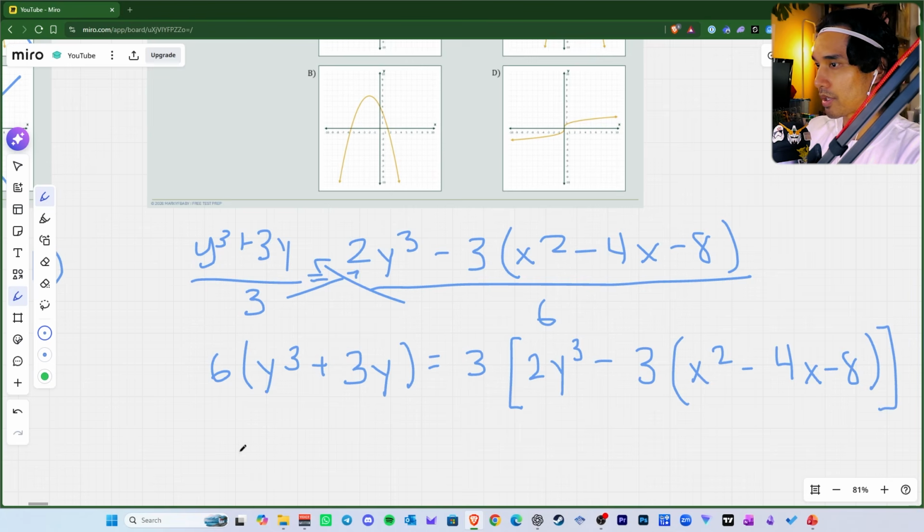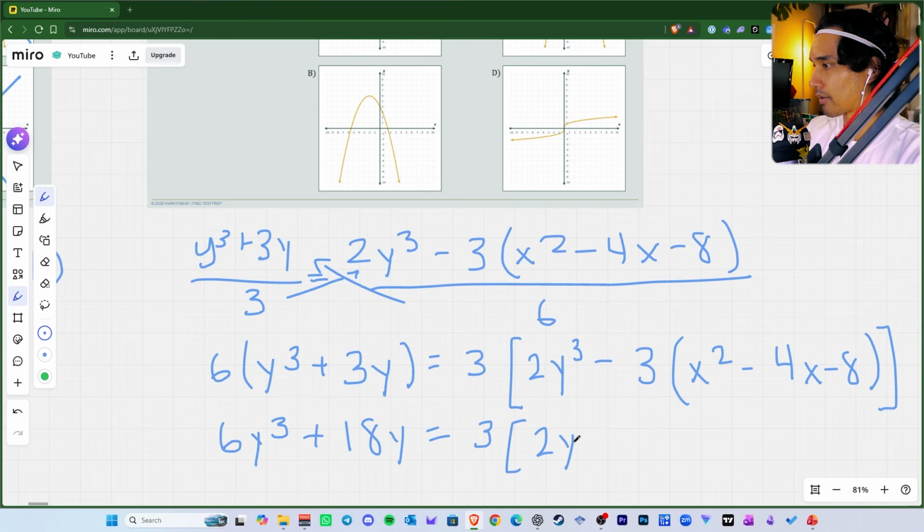Before I distribute this 3, I am actually going to work out whatever's happening over here. So I'm going to distribute here, giving me 6y cubed plus 18y equaling, and I'm not going to do anything with this 3 yet because I want to distribute the 3 over here. I did this so you get those fundamentals down on the other algebraic equations and questions that you will encounter.